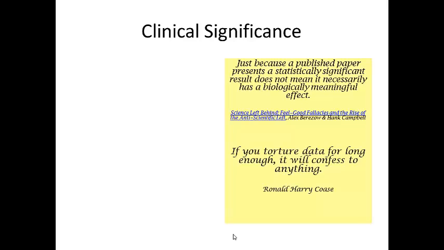A study might be statistically significant, and perhaps we've done all of our homework. We have randomized a large sample or sufficient sample number so that it's powered, but maybe that result is clinically irrelevant. So I want to talk a little bit about the difference between statistical significance and clinical significance.